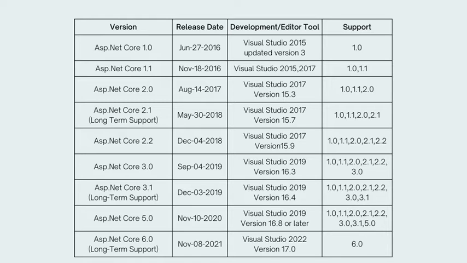With every update, new and extended features are added that help developers deploy highly scalable and high-performance web applications. In November 2020, .NET 5 was released, and then .NET 6, which is the latest version, was released in November 2021. .NET 6 has been optimized to offer improved support for many development challenges.